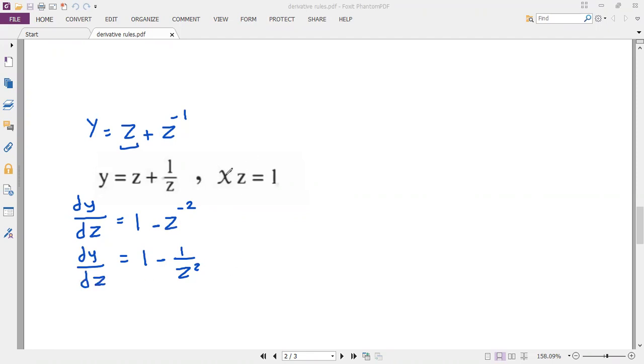And here I have a relation between x and z. So I want to get dz over dx. So we can write xz equals 1. We can divide by x both sides. So z equals 1 over x. So z equals x raised to the power of negative 1.